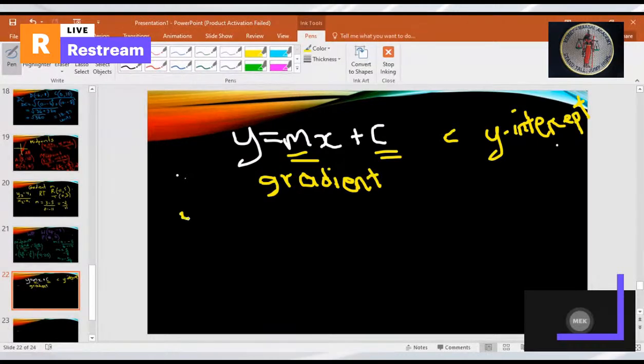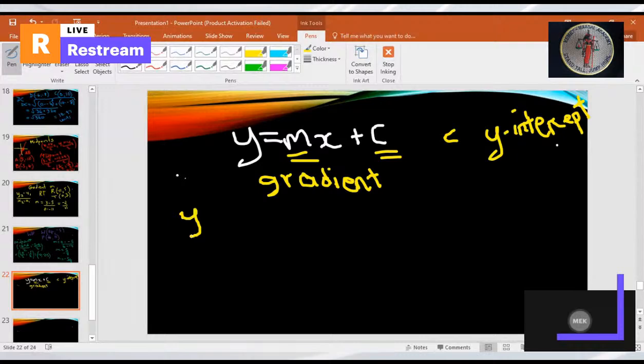For example, if we have y equals negative 2x plus 9, the gradient is negative 2, and the y-intercept is 9. So that line is negative, and the line will cross the y-axis at 9.